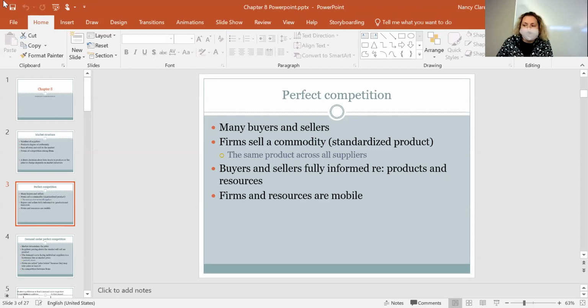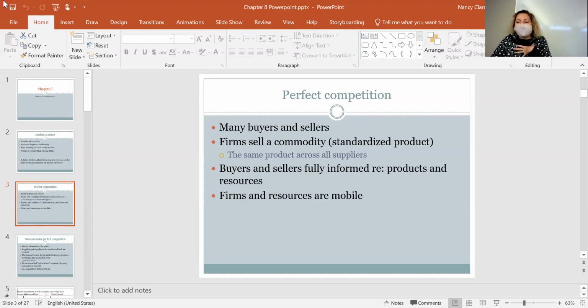The third thing, and this actually has to do with competition among firms. There isn't any in this particular type of market structure. But that's really what this third comment is alluding to, is that buyers and sellers are fully informed regarding products and resources.